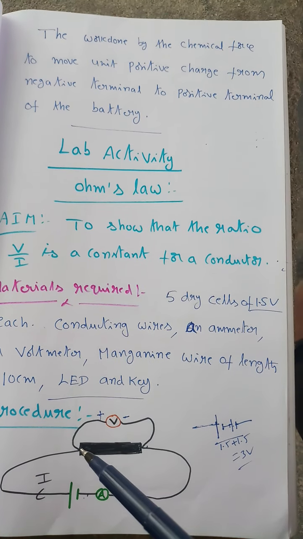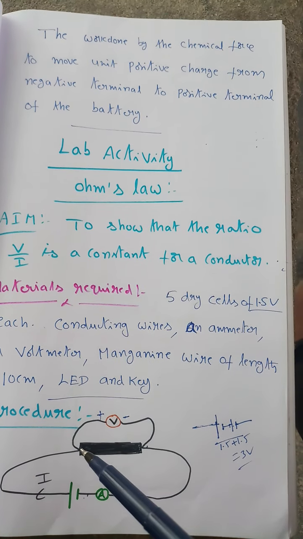So here we repeated the experiment 5 times. In 5 different times we get 5 different potential difference values and 5 different electric current values. But when we do V by I, in all 5 times we get the same value.